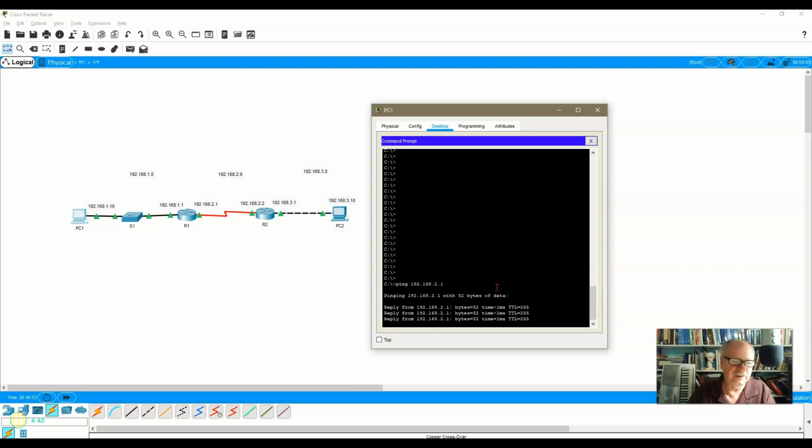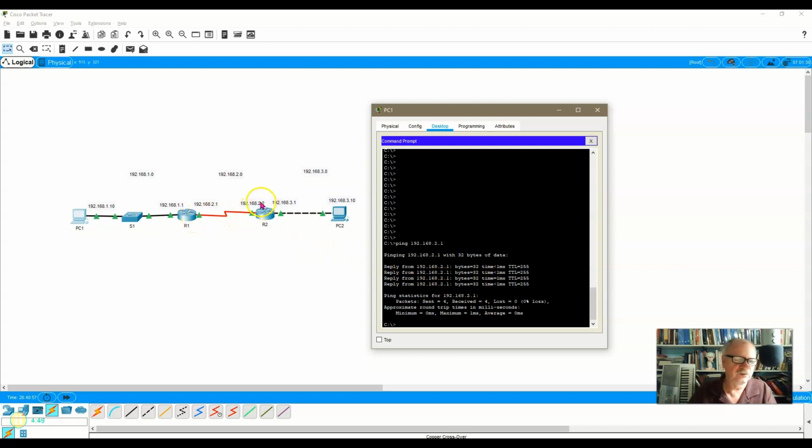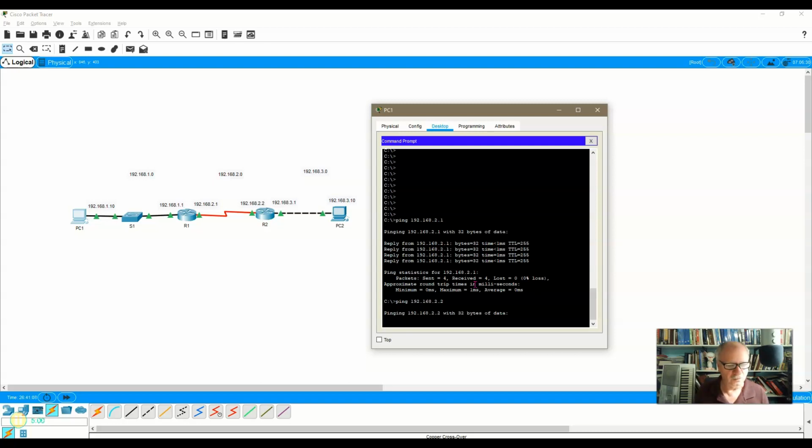Sure enough, that's successful. Well, now let's see if I can ping the 2.2 interface. Oh, this does not seem to be successful.